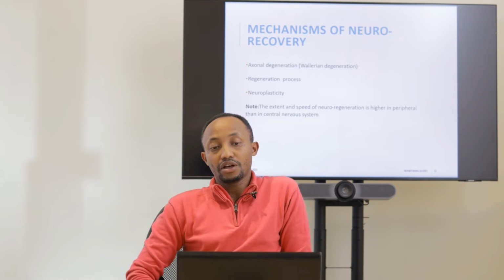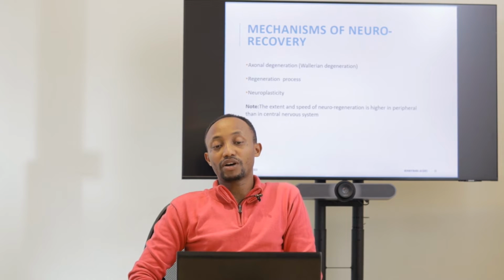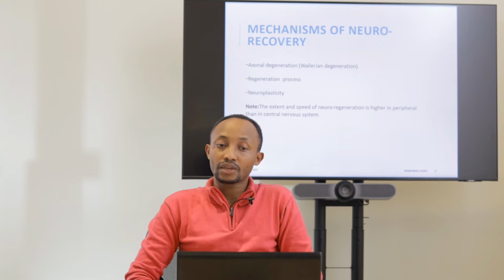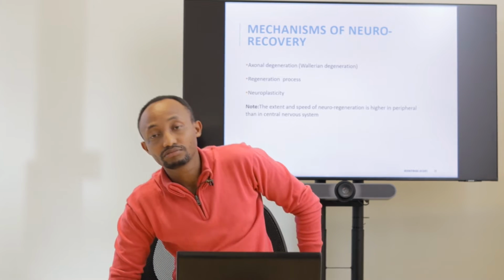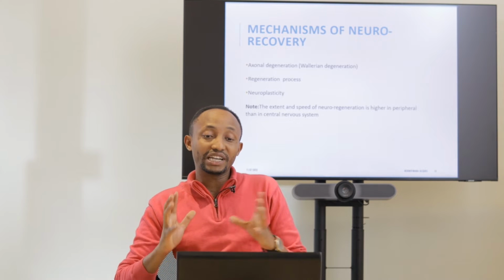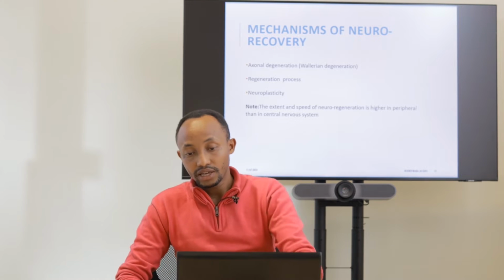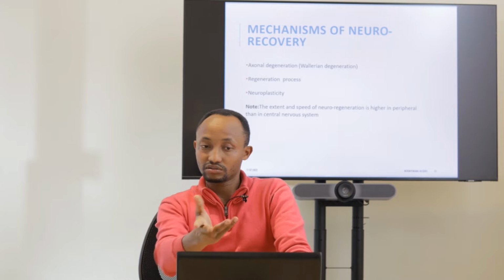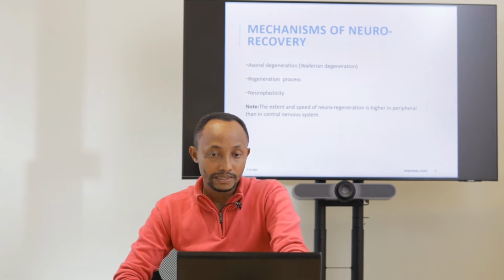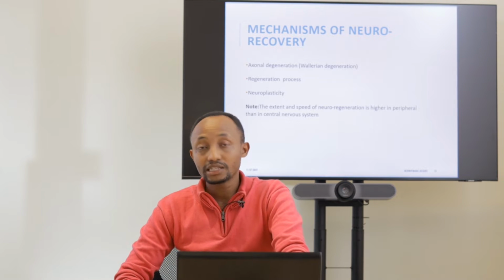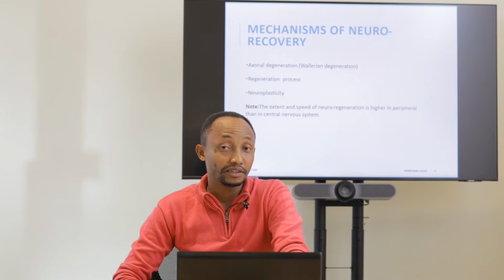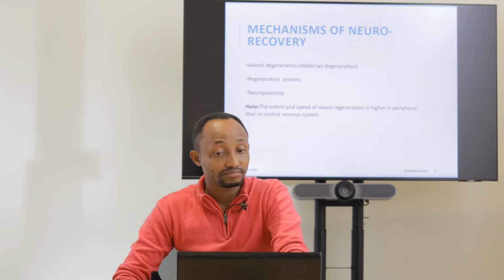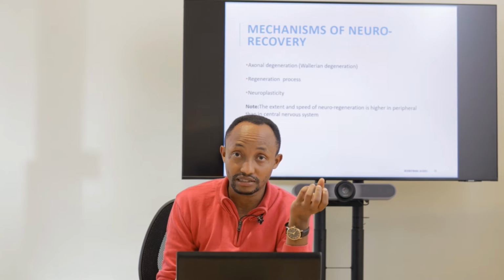We have three main mechanisms of how these things can occur. First, we have what we call axonal degeneration, or Wallerian degeneration, because the person who coined the term was a doctor called Waller. This process mainly occurs in the peripheral nervous system, where it is higher than in the central nervous system.